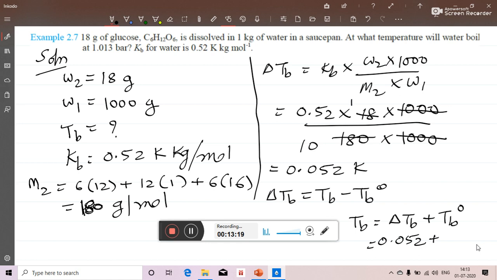So what is the boiling point of pure water? It is 373.15. So our final answer will be 373.202 Kelvin. So the boiling point of the solution is 373.202 Kelvin.